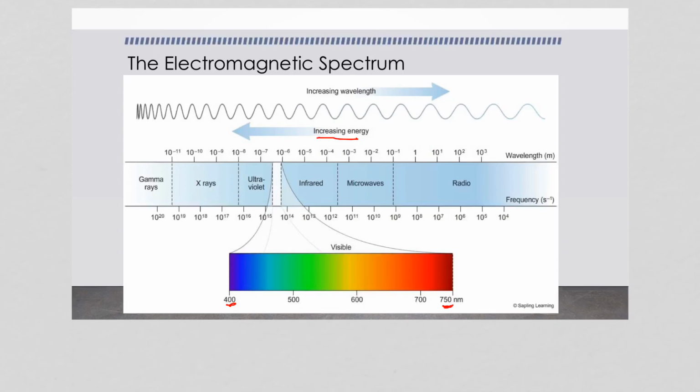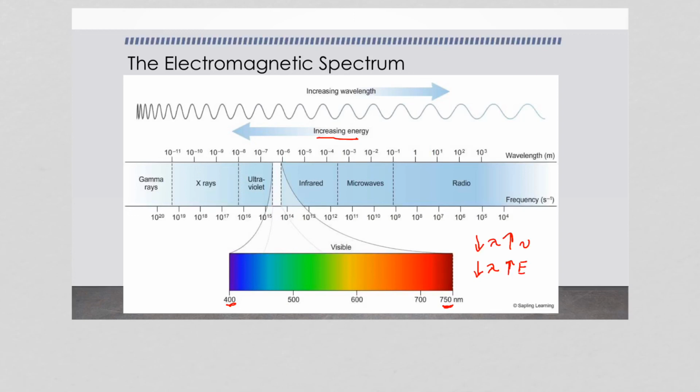So, a quick overview of the spectrum and a couple key things to keep in mind. We've already talked about the inverse relationship between frequency and wavelength. So as we decrease the wavelength, we increase the frequency, and vice versa. And we can add in the idea of energy here: as I decrease the wavelength, I increase the energy.